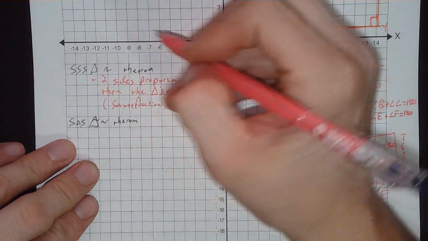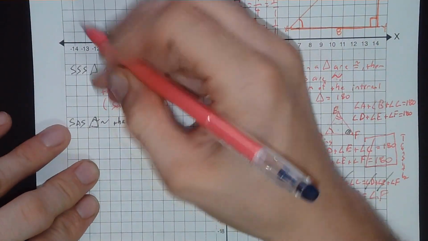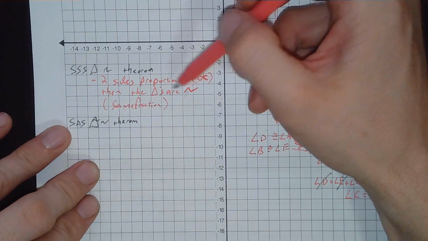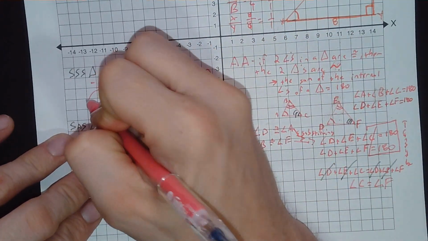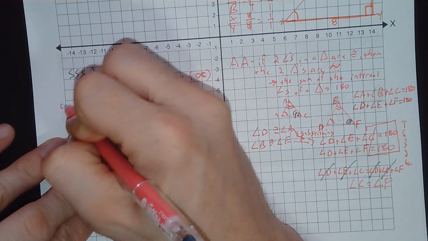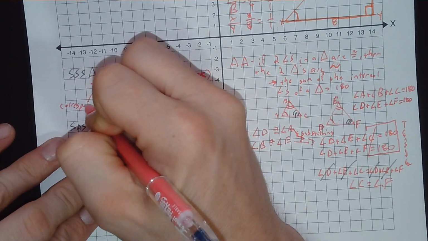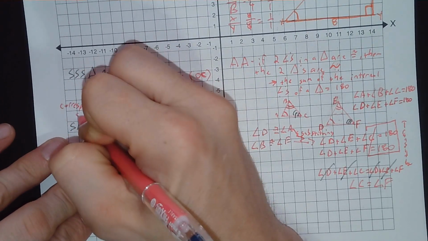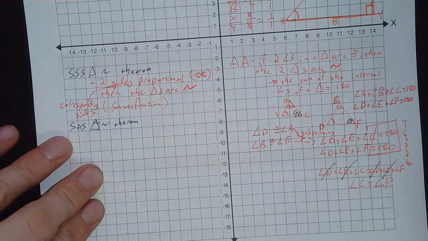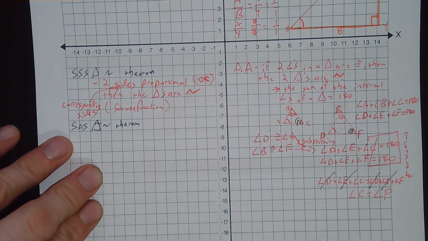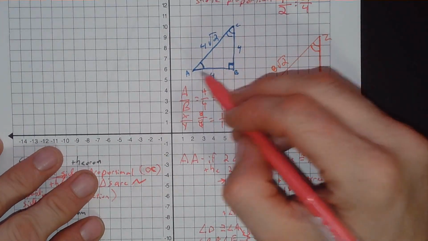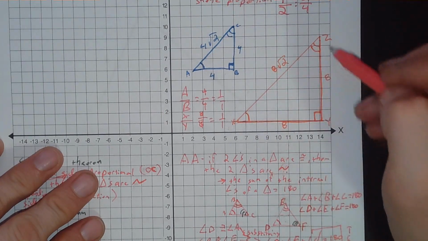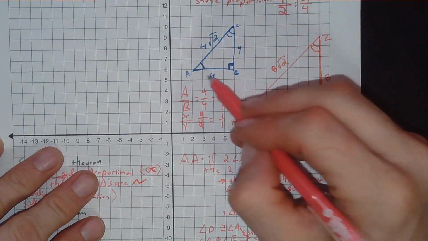All right, so this one is not just any sides proportional. This is the corresponding sides. The two triangles are proportional, right? So they got to be like this one and this one and this one and that one, or this one and that one and this one and that one.